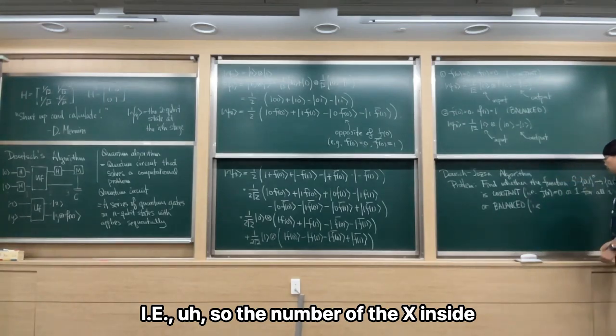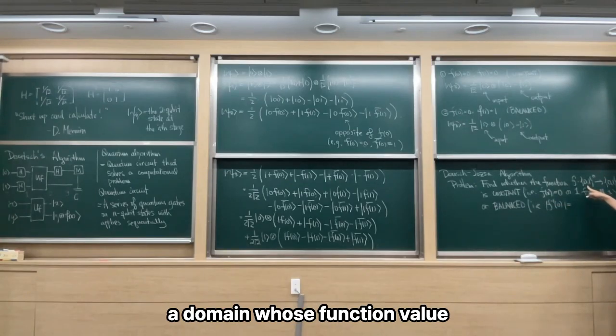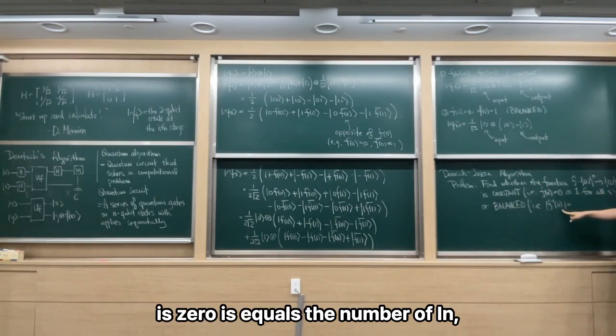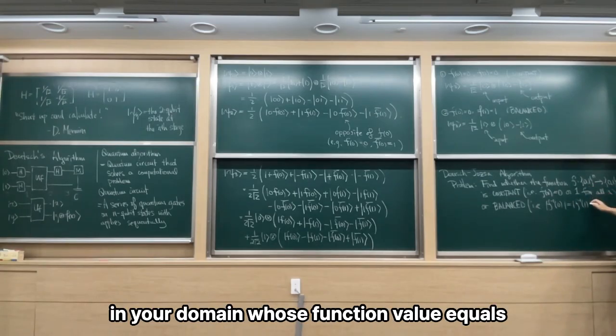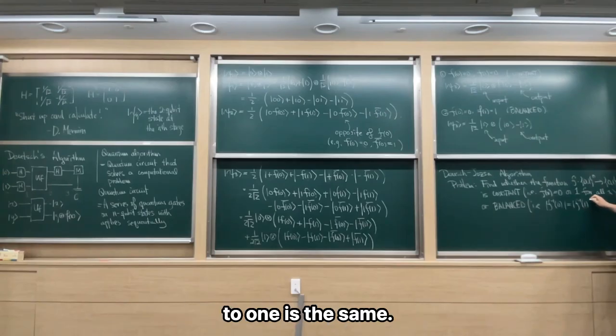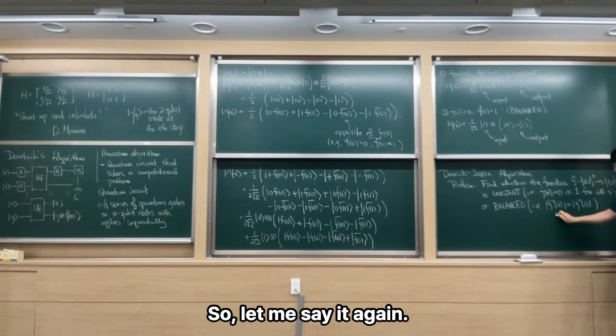I.e., the number of x inside of the domain whose function value is 0 is equal to the number of points in your domain whose function value equals 1. Let me say it again.